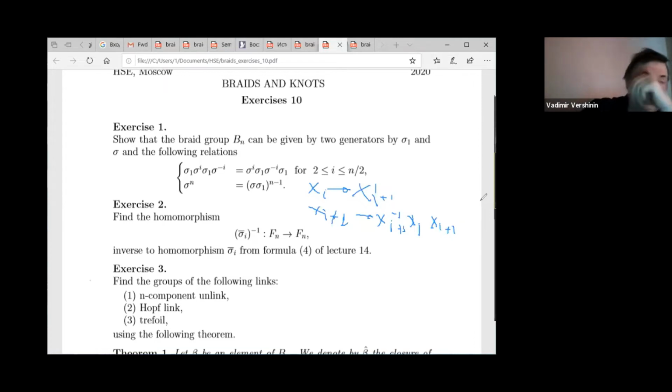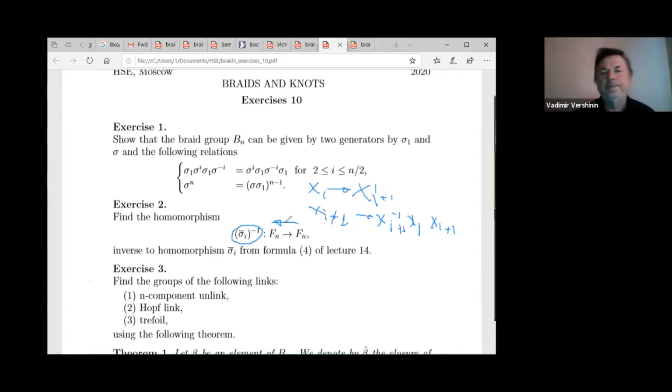So we used that this is an automorphism of a free group. In order to prove this, the best way is to construct the opposite, to construct the opposite direction.